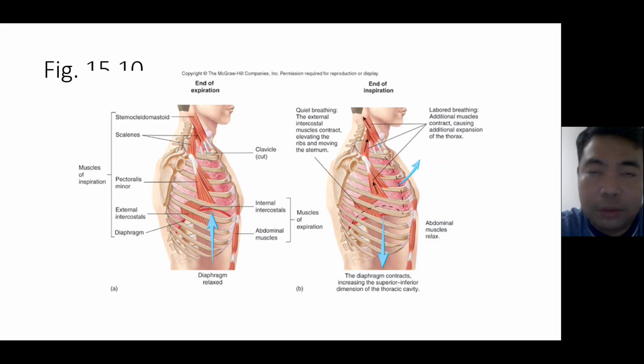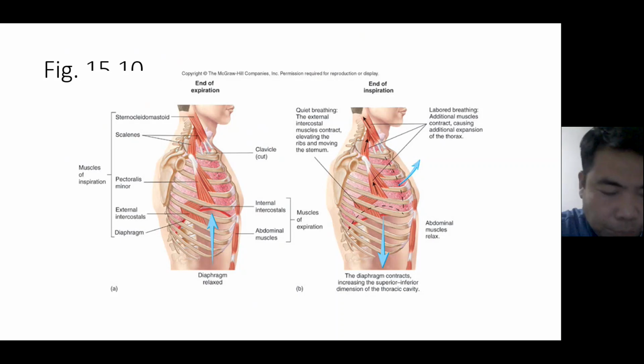Habang humihinga tayo, yung pagpasok at saka yung paglabas ng hangin, that is called ventilation. And ventilation has mainly 2 phases. Di ba? That is inspiration and expiration. Again, inspiration is when we inhale, expiration is when we exhale.